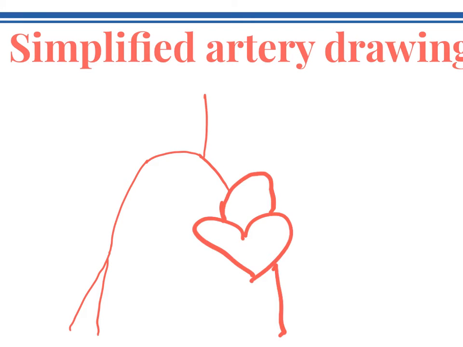So I'm going to make my pen a little bit thinner now, and I'm going to try to label all those as neatly as I can. So remember, I'm going to abbreviate in some cases. So leaving the heart, we have our ascending aorta. Okay, when it forms that arch, that is known as the aortic arch.